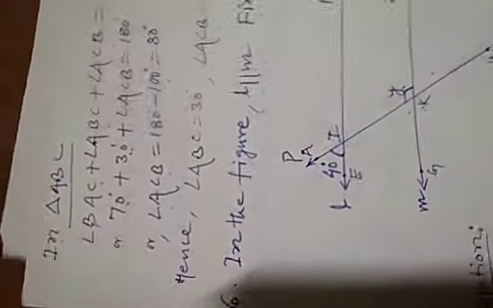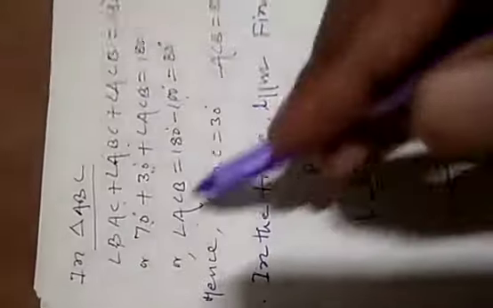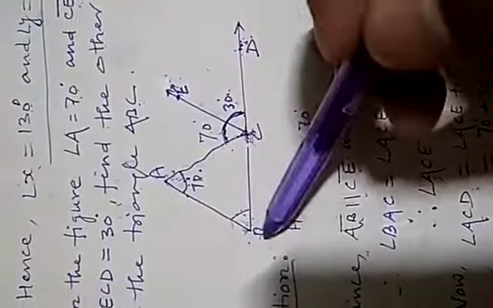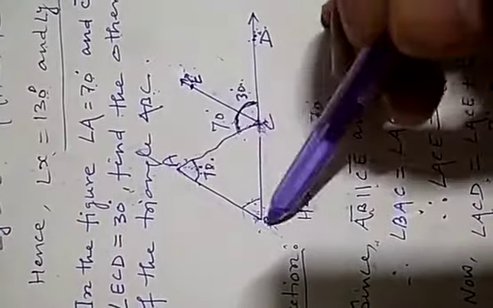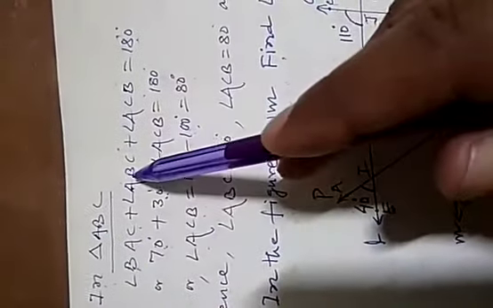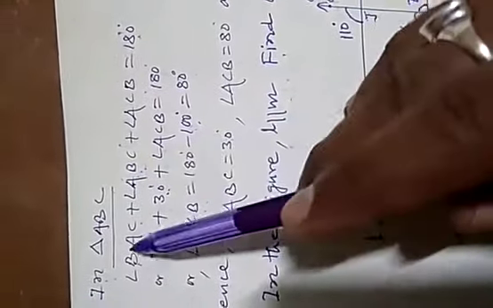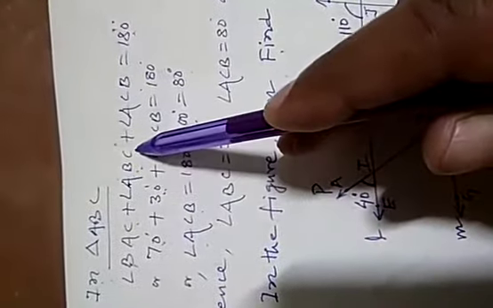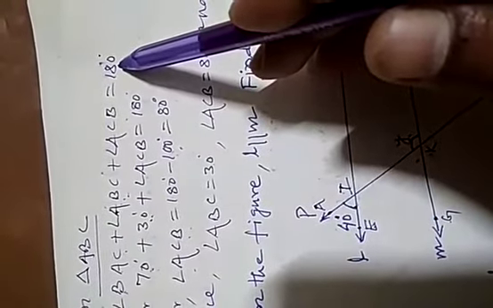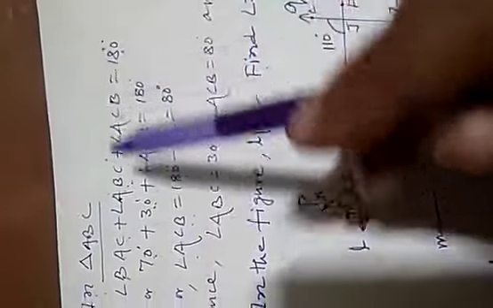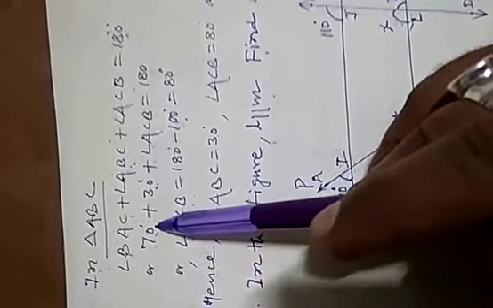Now, in triangle ABC, angle BAC plus ABC plus ACB is equal 180 degree.